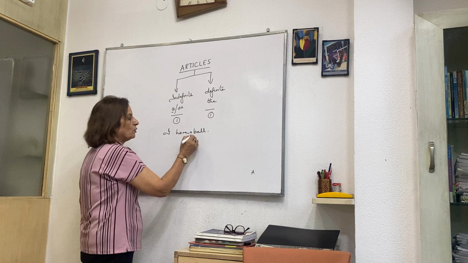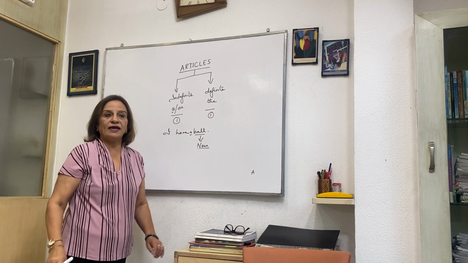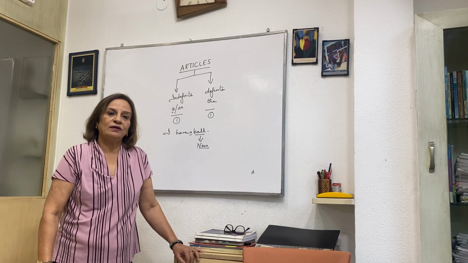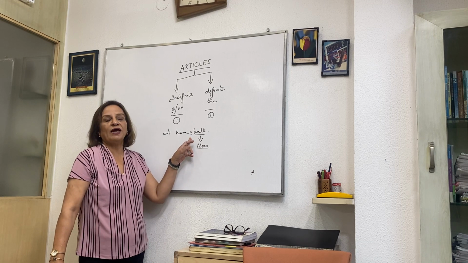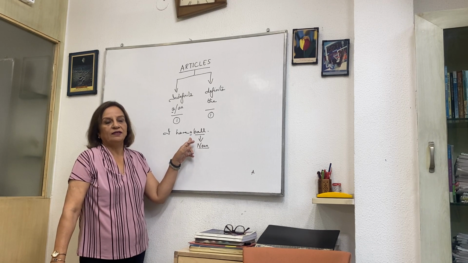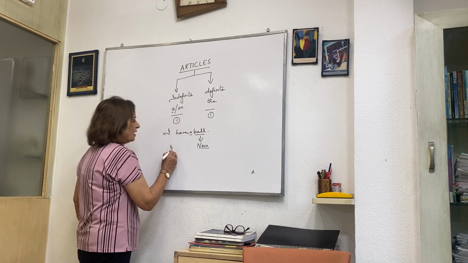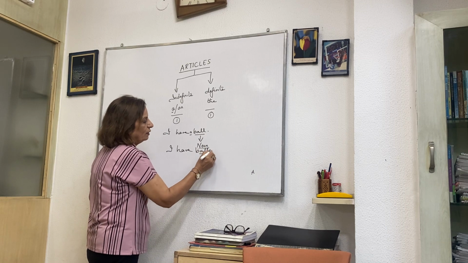Now why? Because ball is a noun. Basically everything in the language, what is the use, is based on grammar. Now ball is a noun, and before a noun we have to use an article. Okay? If it is a singular noun, right? If I say I have balls, I make it plural.